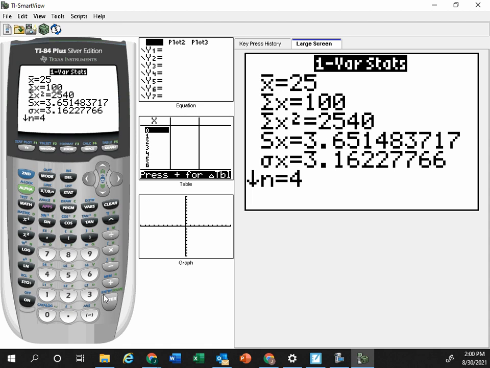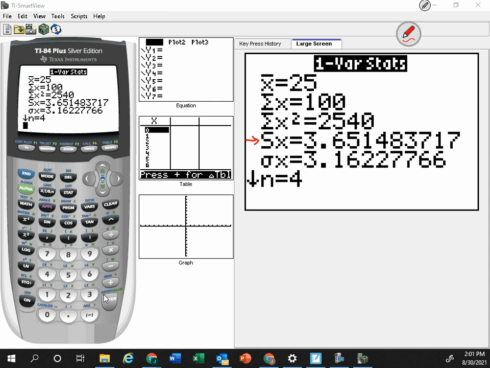We've got this sigma X, our summation, going on. Because this is a sample, we want to use the S sub x, the 3.6514, whatever. That is our sample standard deviation. So this is the one we would want to use.